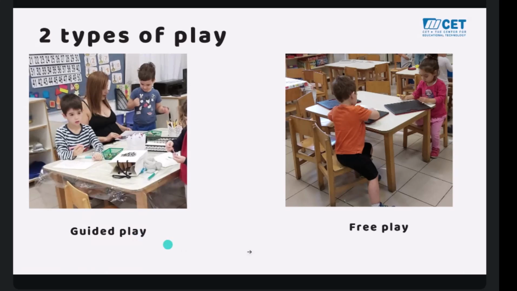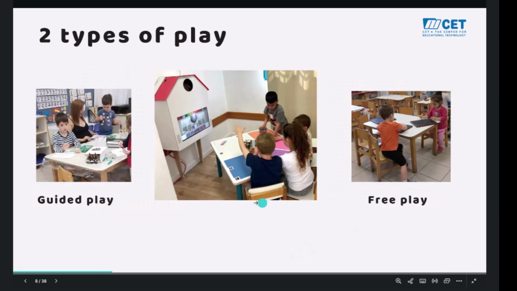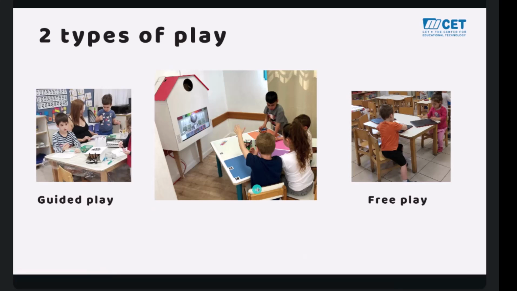So both of these types of play offer unique opportunities for learning, and what we were curious about was how to integrate the benefits of each type of play and create a third type of play, which combines free play, so kids playing with their peers, and engaging with tangible objects in the natural environment of the kindergarten.